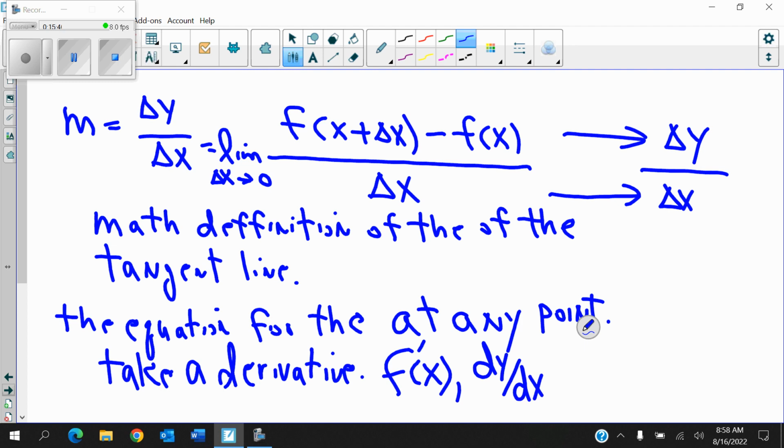Dy means small change in y, dx means a small change in x. Or we could just say f prime or y prime. These are all ways of indicating the derivative with respect to x. It's a lot to grasp at one time, but we go home and we do a little looking and we find that this is not too bad.